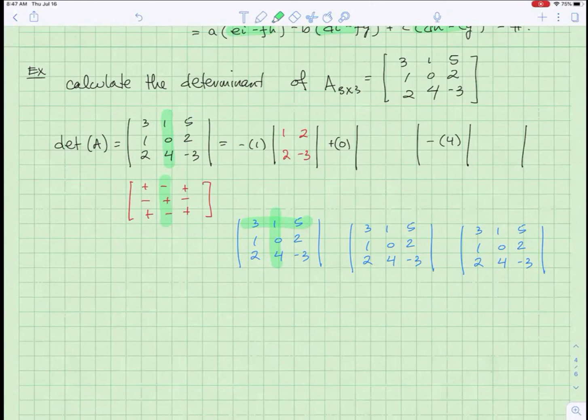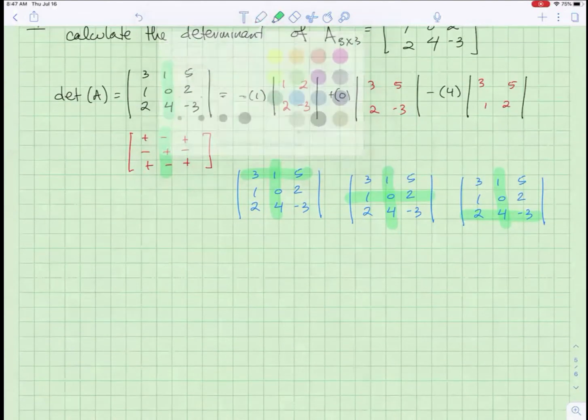For 0, we don't have to do this. But just to illustrate it, the minor is 3, 5, 2, negative 3. And then for 4, the minor is 3, 5, 1, and 2.